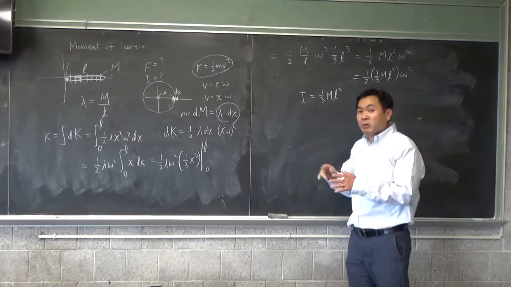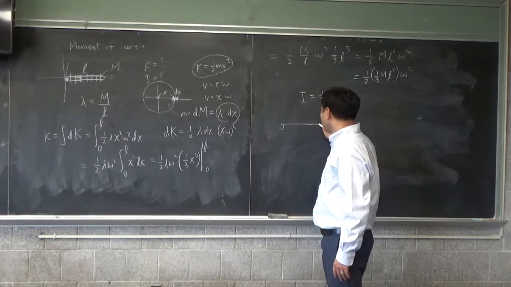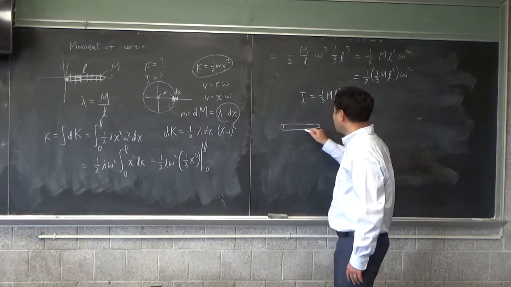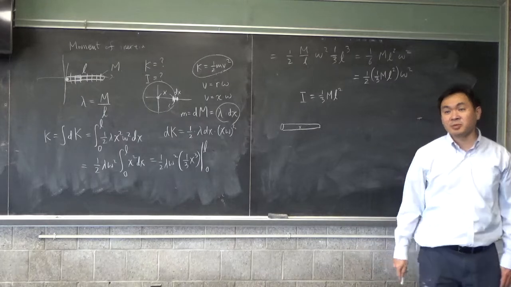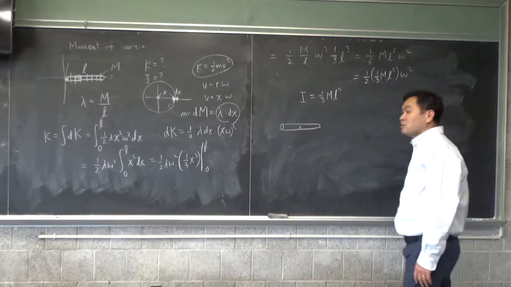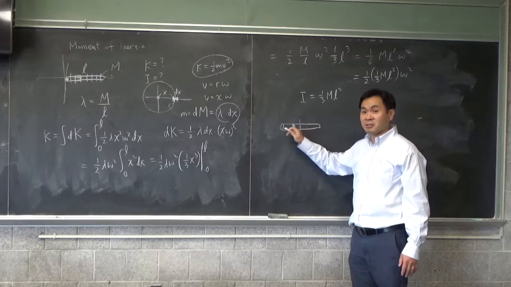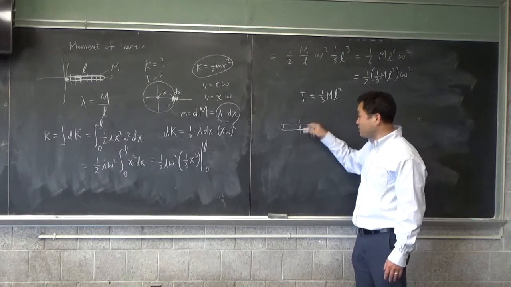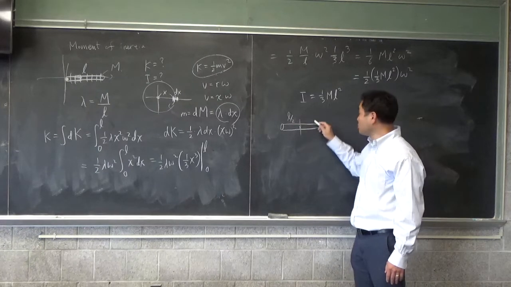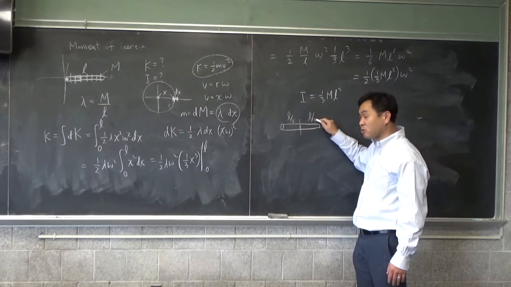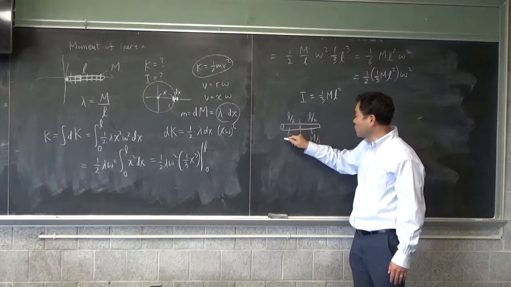Now, if you know how it rotates around one endpoint, then you can also figure out the moment of inertia when it's spinning right at the middle. Because it's simply this. If you want the kinetic energy stored in the entire rotating object, you just divide it into 2, so that this object has length L over 2, and this will also be length L over 2. Mass will be m over 2, and this one will also be m over 2.